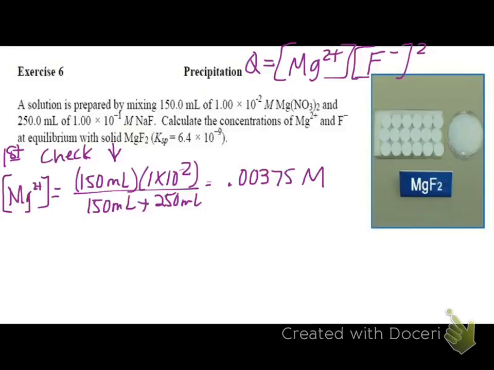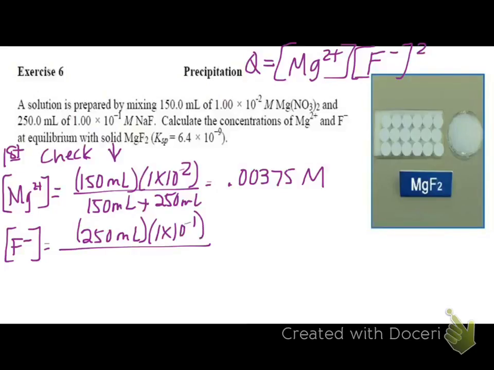So the F minus concentration is going to be 250 milliliters times the concentration of the sodium fluoride, which is 1 times 10 to the negative 1, and then 150 plus 250, oops, 5 didn't come out, and that brings us to 0.0625 molar.